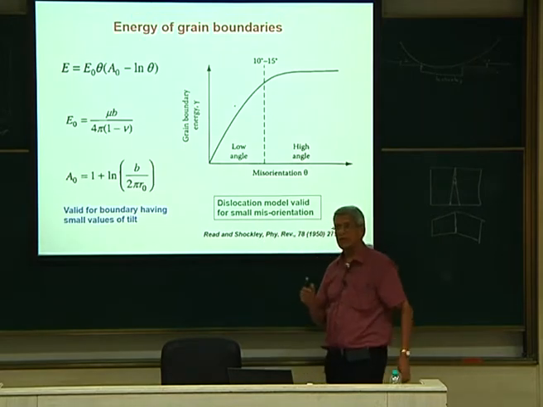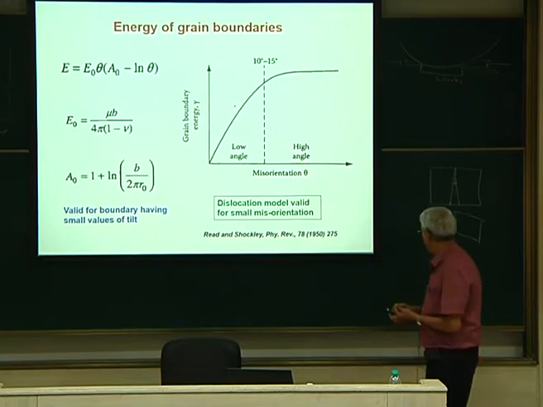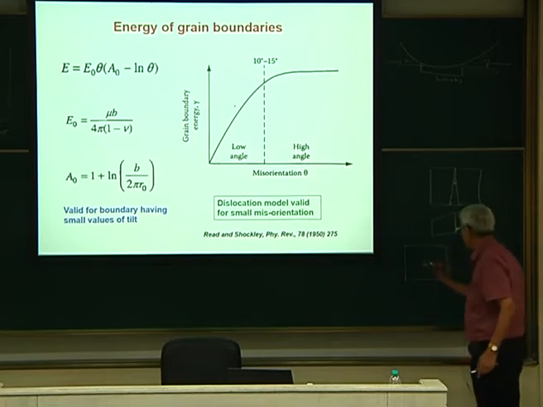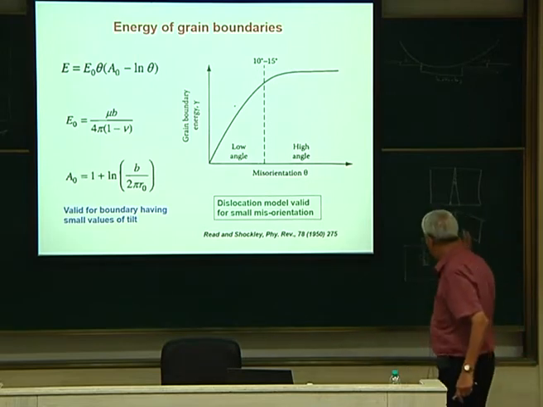We also know that in a material, if one single dislocation is present, when we add one, a slight tilt is going to happen on either side of it around the boundary.